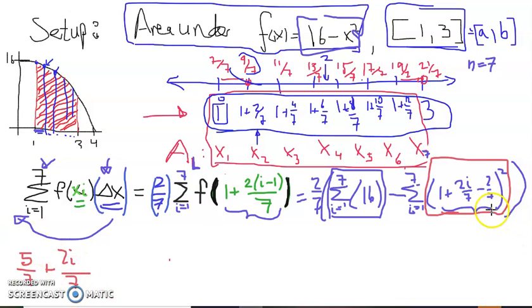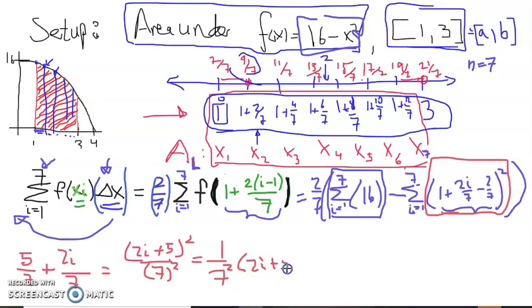Yes, so I am actually going to recombine the denominators, because what does this give us? Let's just write the 2i first. 2i plus 5 over 7. Now when we square that, we get the top squared and the bottom squared. And we can write that as 1 over 7 squared times 2i plus 5 squared.